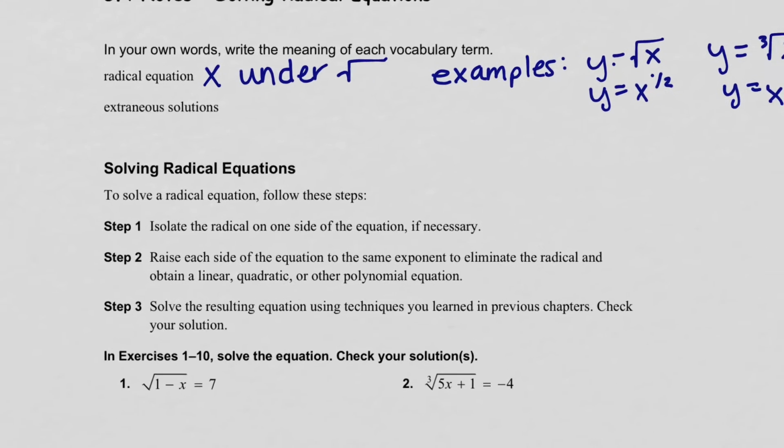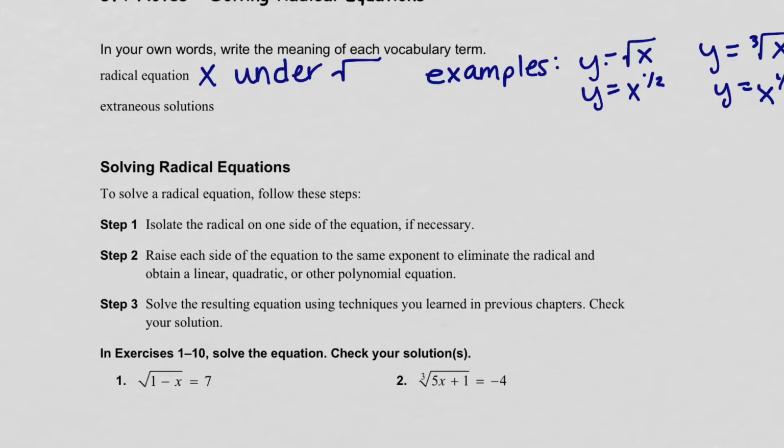Now, an extraneous solution. This first part of the word kind of gives it away for me. It's an extra solution. It's a solution that when you calculate or algebraically solve the equation, you get 1 or 2 answers. And if you plug it back in, the answer doesn't actually work.